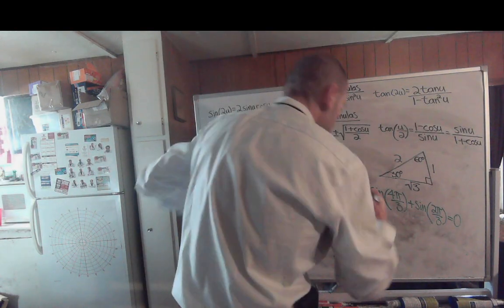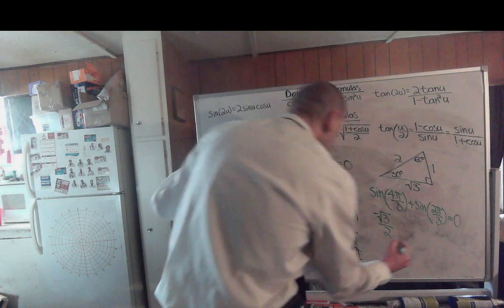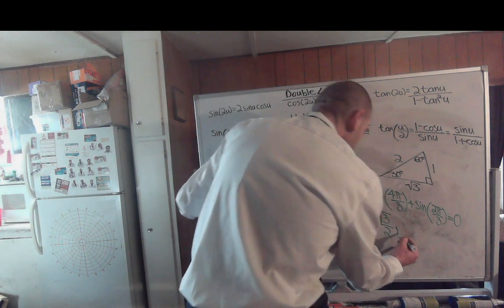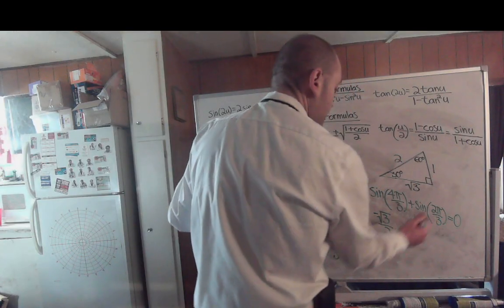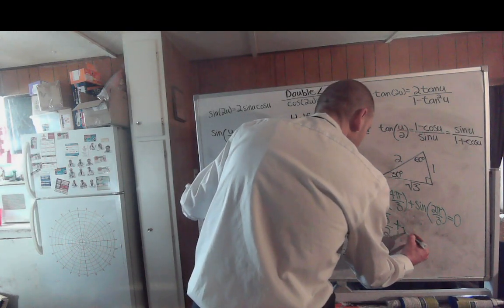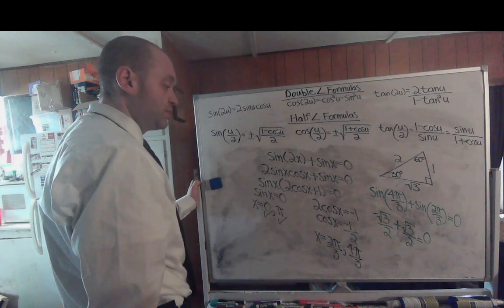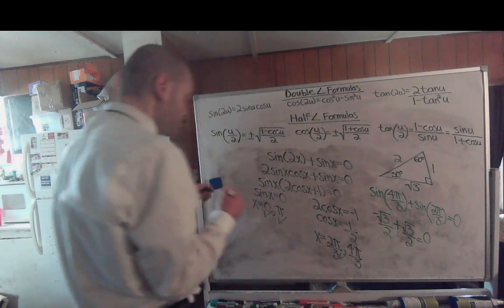So you would get negative square root of 3 over 2, and 2 pi over 3 is in the second quadrant, so that'd be plus the square root of 3 over 2 equal to 0. Well, they sure do equal 0, so we know 2 pi over 3 is going to work.